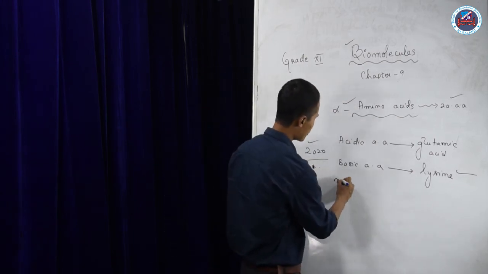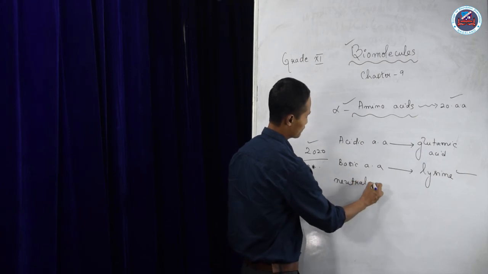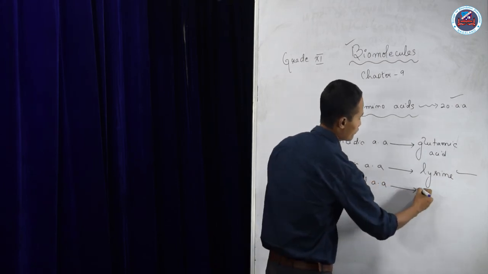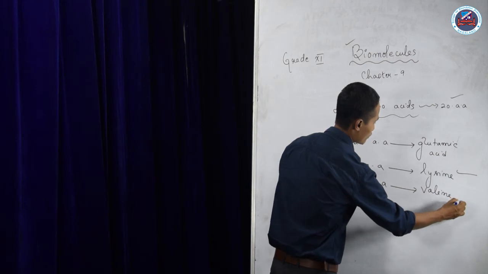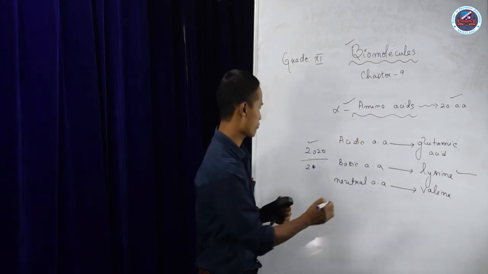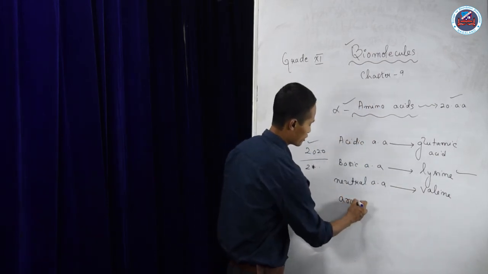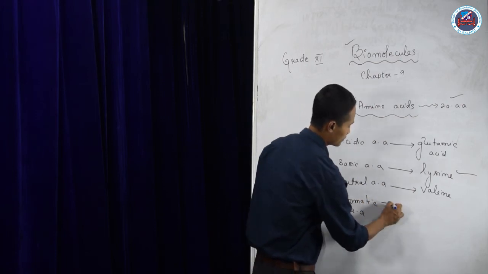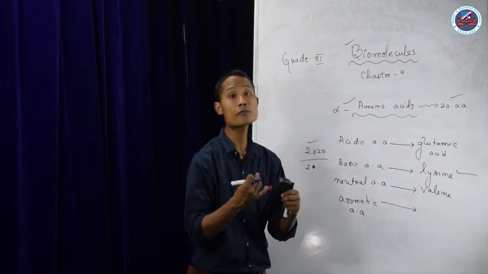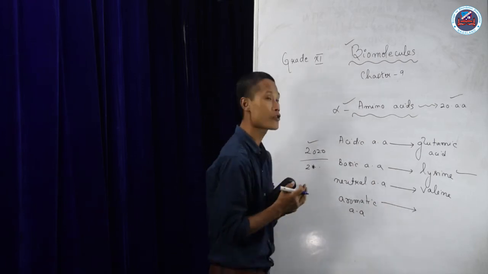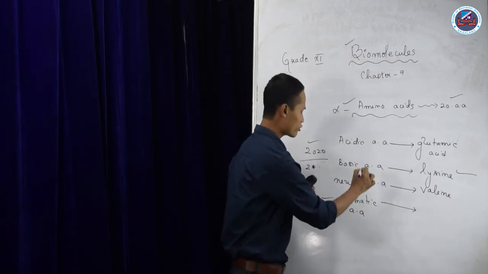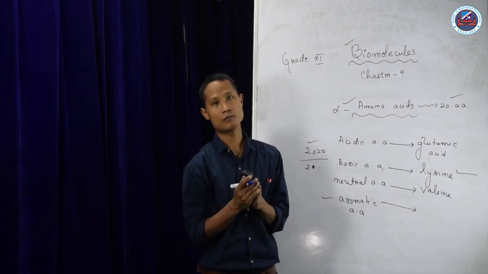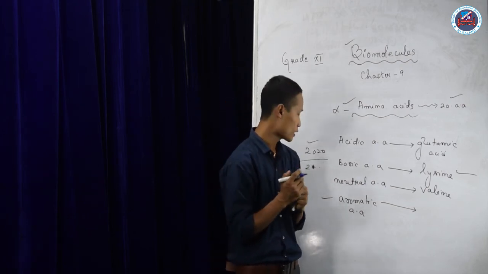Likewise, we have neutral amino acids, like valine. We have aromatic amino acids. Aromatic means there is a benzene ring. When we say aromaticity, there are certain properties of aromaticity, and it's about aroma, a pleasant smell.